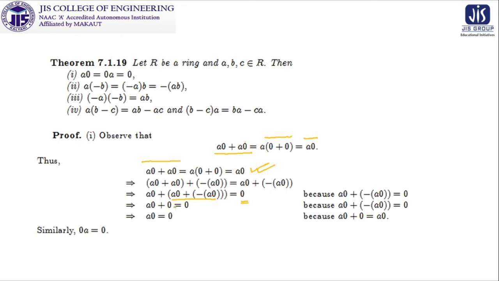So A0 plus 0 equal to 0 means A0 is equal to 0. All the reasons are clearly stated here, and please be confident about those reasons, because whenever you present it, you have to mention all these supporting logics. We have proved that A0 is equal to 0, and in a similar manner we can prove that 0A is equal to 0. So ultimately our job is done for the first property.